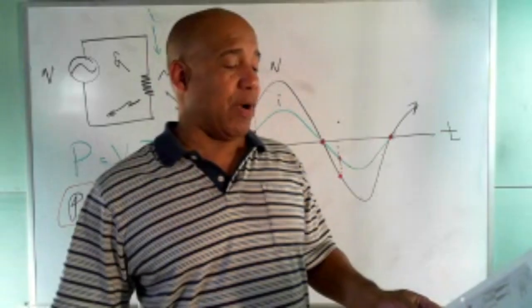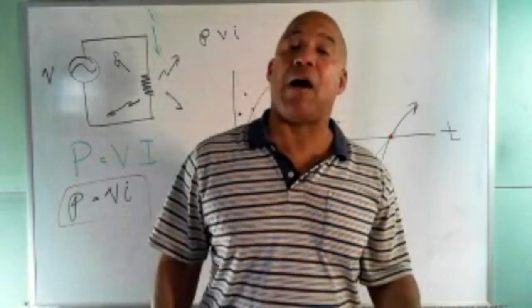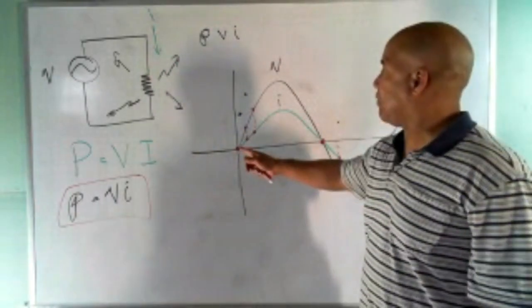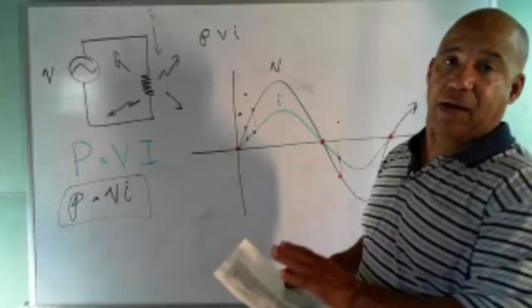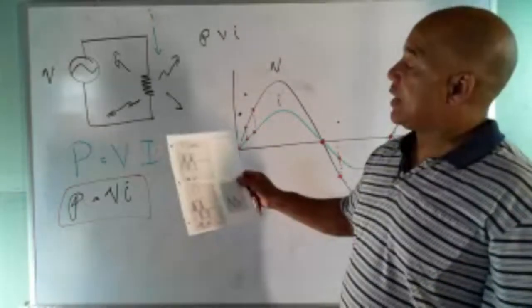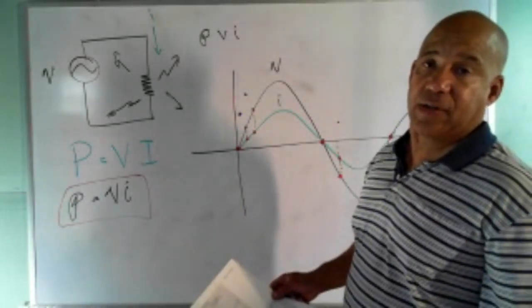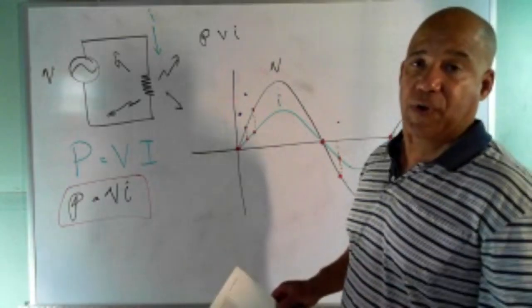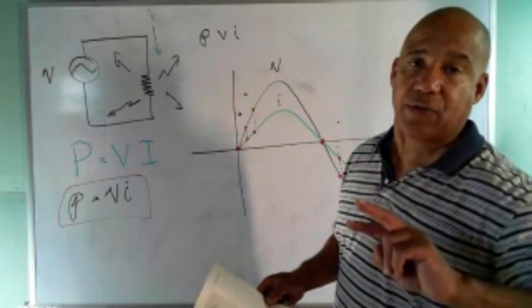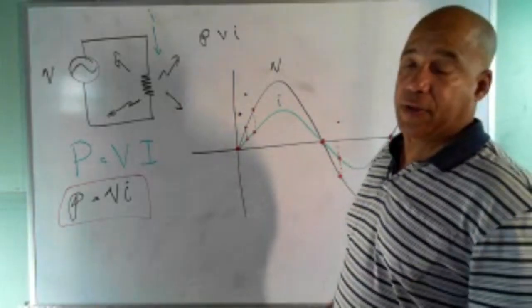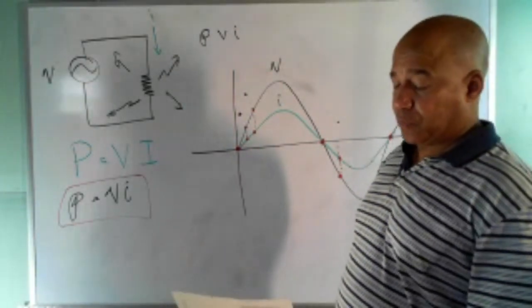And you'll always have that the frequency of the power is always twice the frequency of the voltage and the current. So there's nothing to calculate there. I'm just pointing out a fact. The power has a frequency, the voltage has a frequency, and the current has a frequency. And the frequency of the power is always twice the frequency of the voltage or the current. You can just kind of see that from the picture.